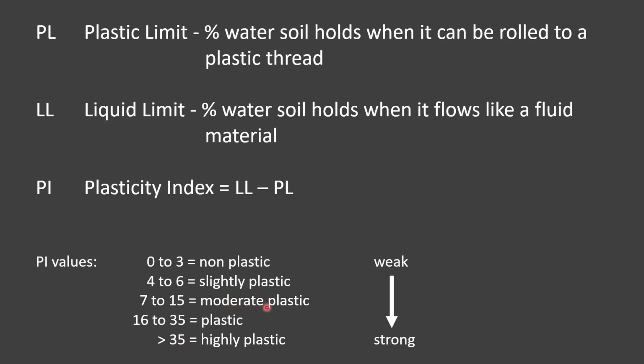Typically, when your soil is dry, a non-plastic soil like sand is very weak, and you're familiar with this because you can walk around a beach and pick up dry sand in your hand and it falls right through your fingers. A highly plastic soil, or like a pure clay, when it's dry, it's extremely strong, right?